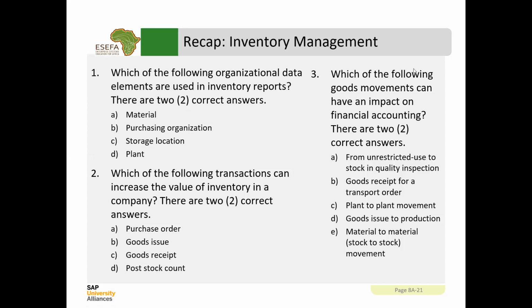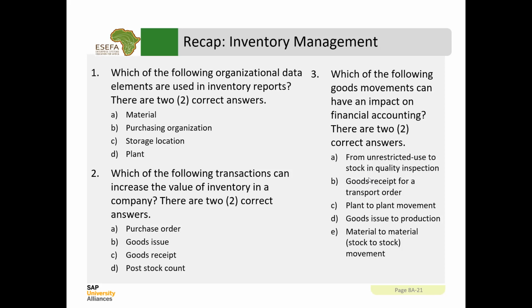The third question here says, which of the following goods movements can have an impact on financial accounting? There are two correct answers. So let's hear from other people. A, from unrestricted use to stock in quality inspection.